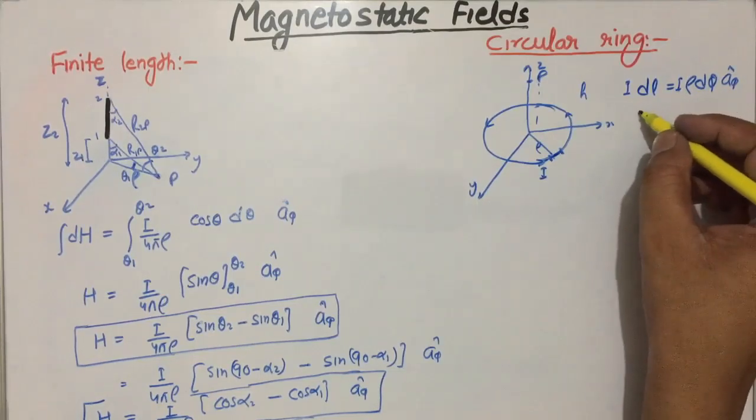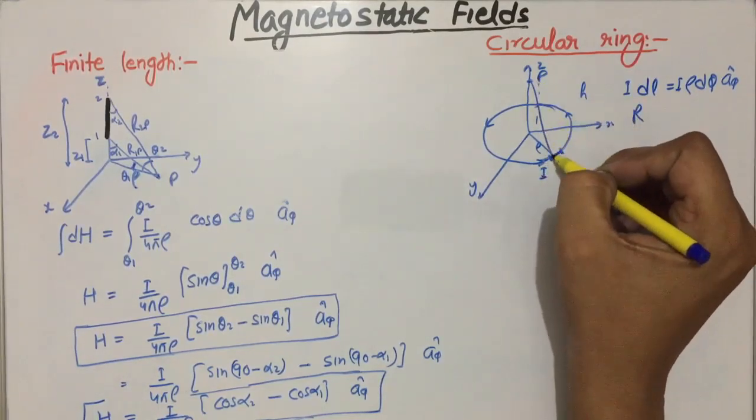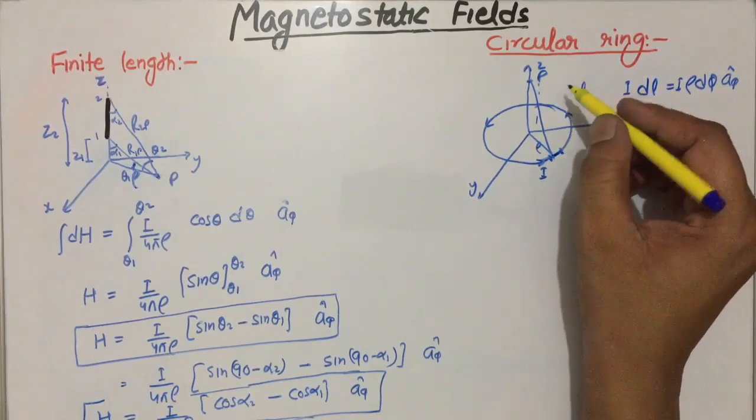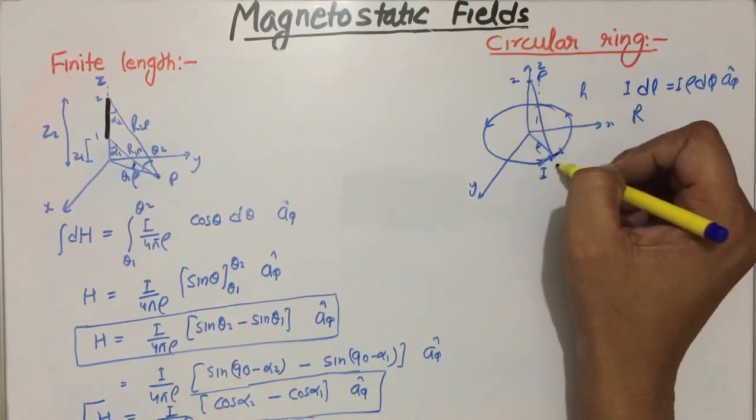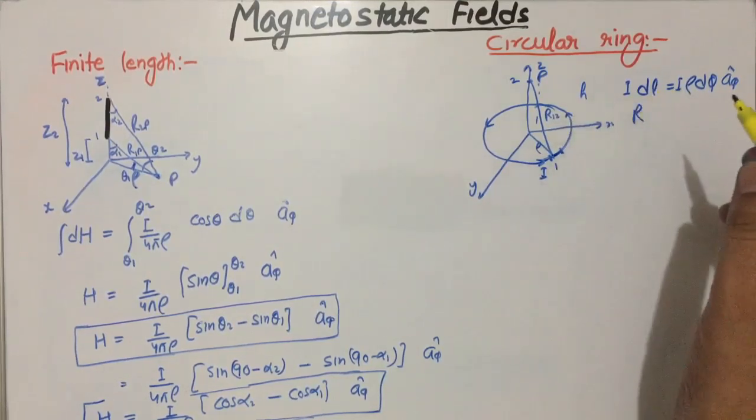And if we wish to write R, we can assume this point 2 and this is point 1, and this will be considered as R12.